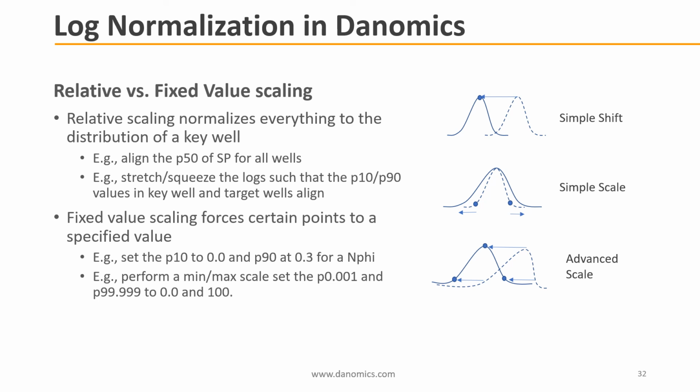Shifting, scaling, three-point scaling, etc. We've tried to make it literally just the click of a button to have all your wells normalized. We also have options for performing spatially based normalization. And this is a method that allows you to perform normalization without removing the overall geological trend within your data.